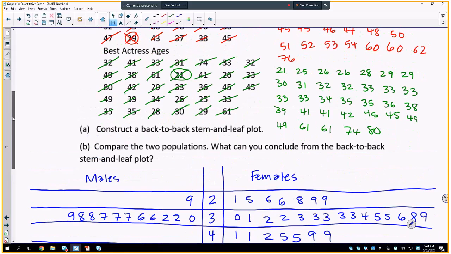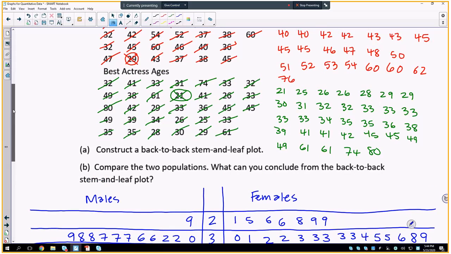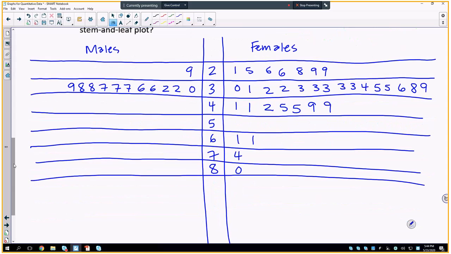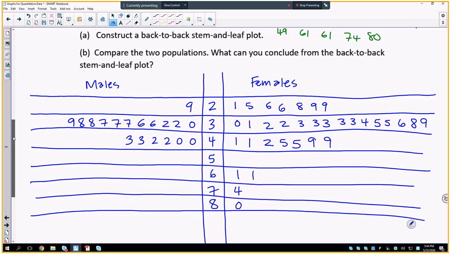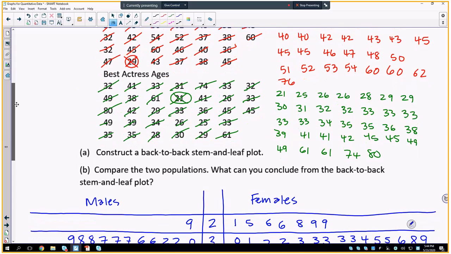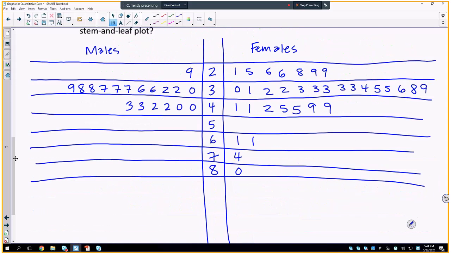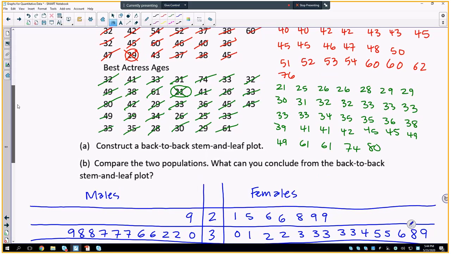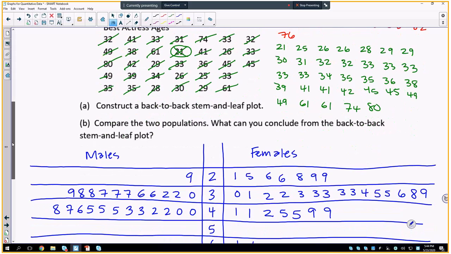Okay. Then best actors in their 40s. We have 40, 40, 42, 42, 43, 43. Then 45, 45, 45, 46, 47, 48. So 5, 5, 5, 6, 7, 8. Then 50, 51, 52, 53, and 54.